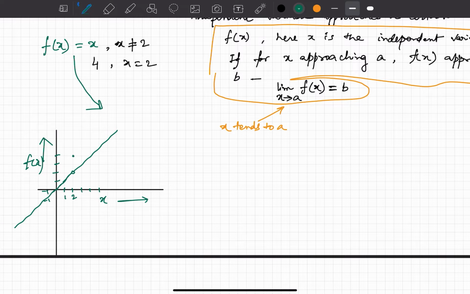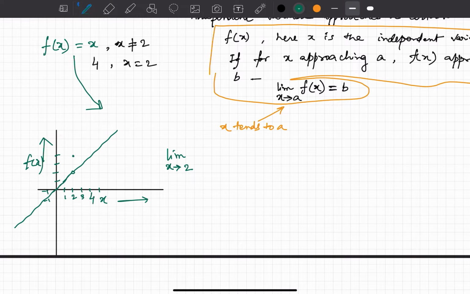So we can say here, when the limit x tends to 2, when x tends to 2 means x is approaching 2, the approaching value of x theoretically means it will never end approaching.